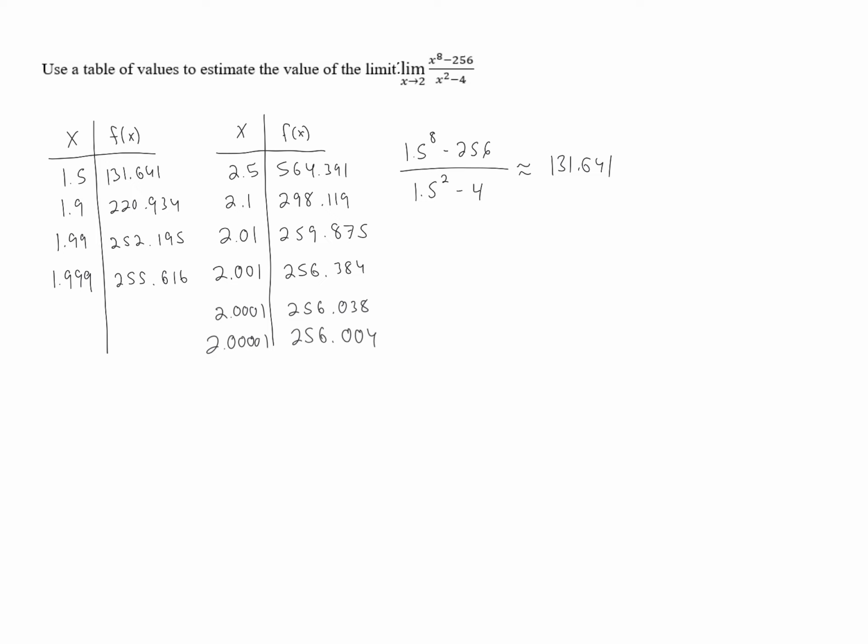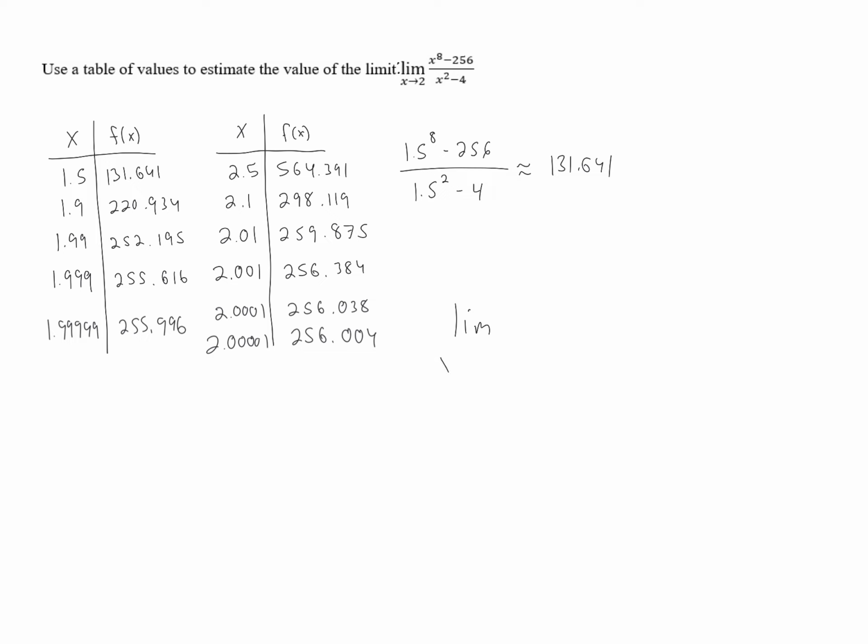It definitely does look like we're getting closer to 256 on both sides. If I do 1.99999, I'm just going to throw in 5 nines there, we end up with 255.996. Yep, definitely looks like it's going to be 256.